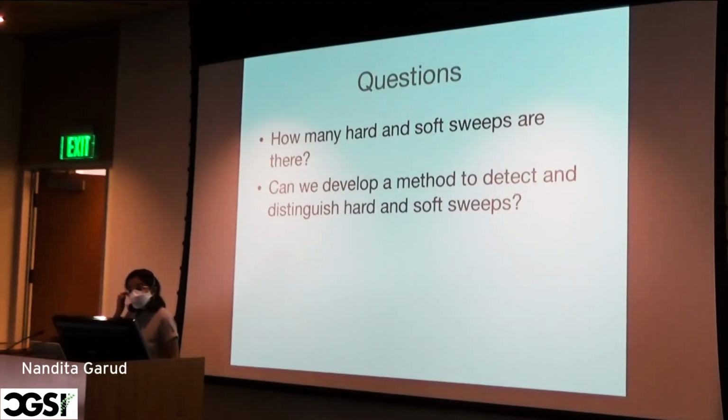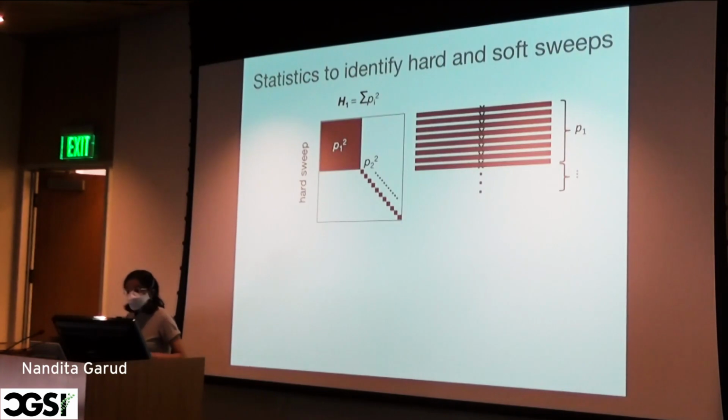So the question is, how many hard and soft sweeps are there, and can we develop a method to detect and distinguish hard and soft sweeps? So this is work that I did in my PhD, where we worked on statistics to identify hard and soft sweeps. If we take a look at just haplotype homozygosity, which I term H1 here, we can basically compute it as the sum of the squares of haplotype frequencies in a window.